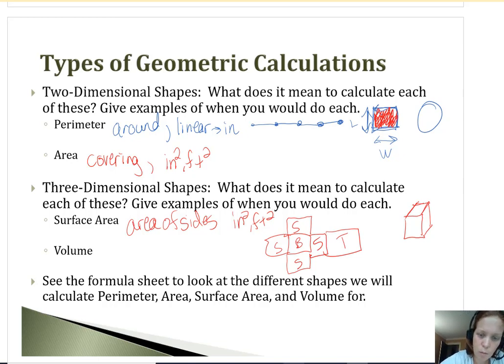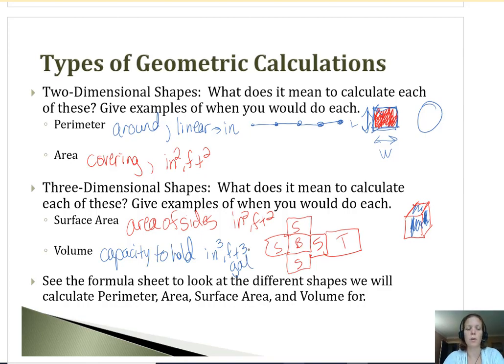Volume is filling the inside, what it can hold, the capacity to hold. If it's liquid, how many gallons can fit into a tank. So inches cubed or feet cubed, or gallons. We're going to do problems where we have to make something that can hold this many gallons, and do some calculations in inches and feet, so we'll have to do some converting.